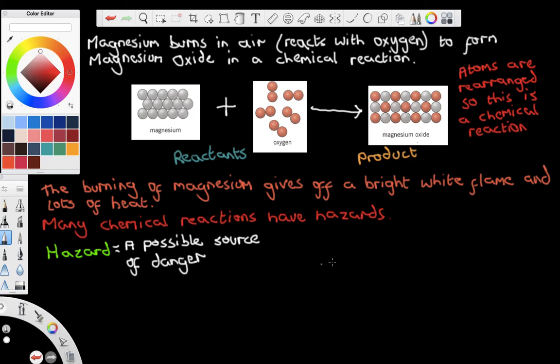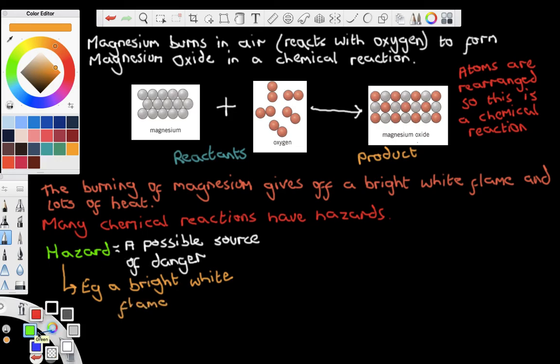Now, for example, a bright white flame could be a source of danger. Now, associated with this hazard and associated with any hazard, there will always be a risk. Okay?